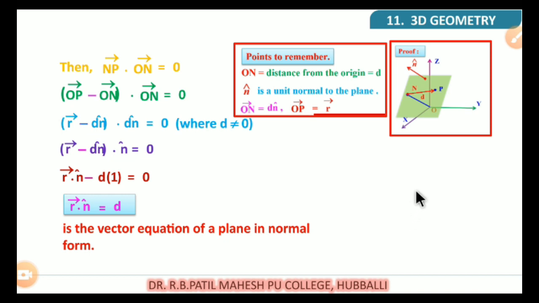So students, this is the derivation for your annual examination, in both vector and Cartesian form. This is the vector equation of a plane in normal form. In the next slide, we are going to derive this first equation in Cartesian form.